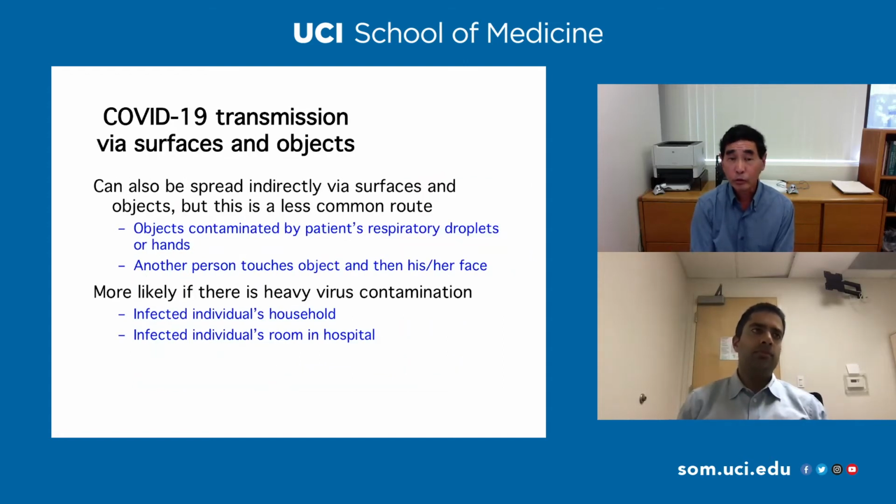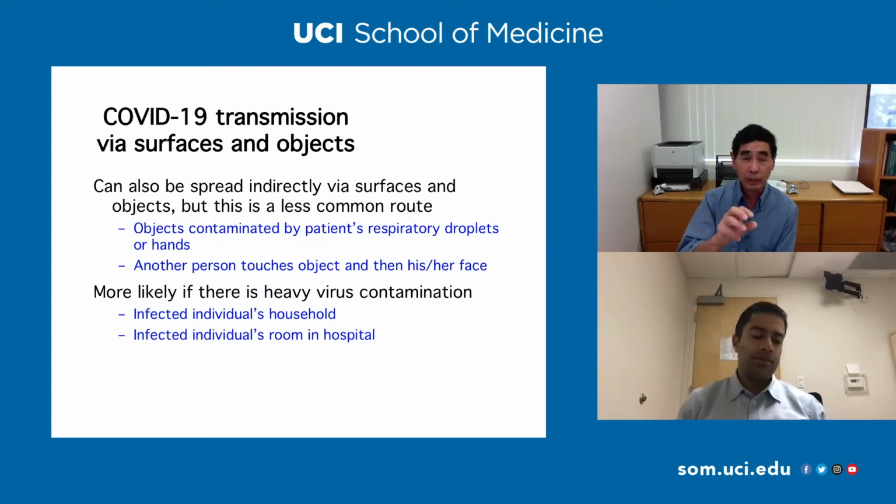Now, you've also heard that we're concerned about whether inanimate objects can also be involved in the transmission. So this would be surfaces or objects that are contaminated by a patient's respiratory droplets, and then someone else touches those objects and then touches their face. Now, you can imagine that that's a less likely scenario than a direct respiratory droplet. The spread here is more likely if there's heavy viral contamination.